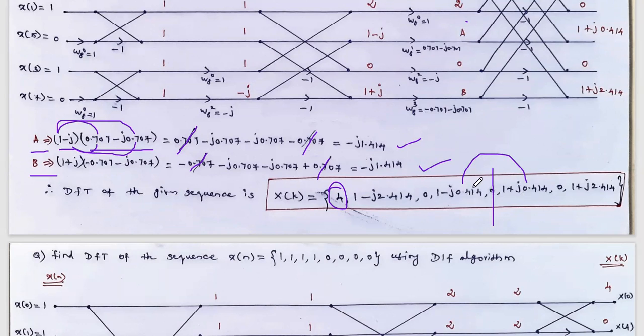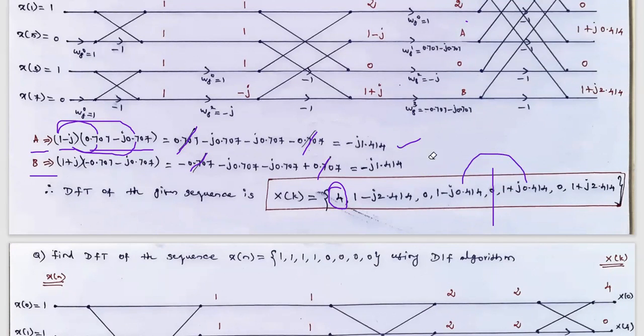What does complex conjugate mean? If this data is A plus jB, then the other data will be A minus jB. Check it: here the real part is 1, and here also the real part is 1. Here the imaginary part is minus j 0.414, and here the imaginary part is plus j 0.414. So these two data are complex conjugates.